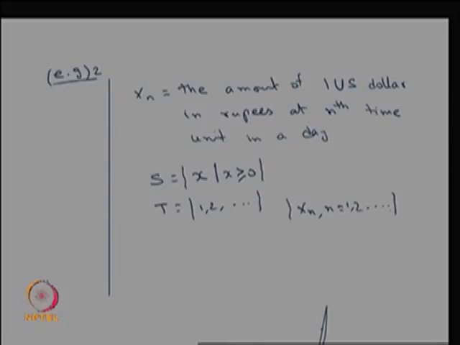Let me go for the fourth type, that is, the fourth classification of a stochastic process, that is a continuous time, continuous state stochastic process.